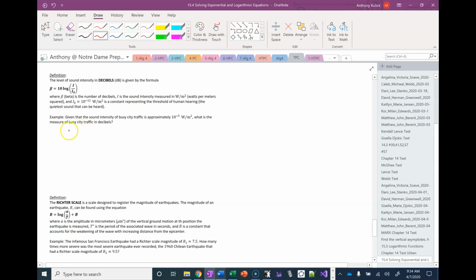So what we want is beta, that's sound intensity in decibels. We're given a sound intensity measured in watts per meter squared. And I naught is a constant. It's always this 10 to the negative 12 watts per meter squared. So if we look at our formula, we have everything we need to just fill this in.